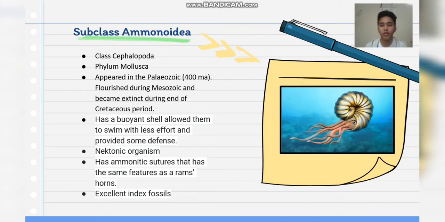It is a nektonic organism, which means that it can swim freely in the ocean. It has an ammonite suture that is the same as the ram's horn. It is an excellent index fossil because of its worldwide distribution and variety of subspecies.